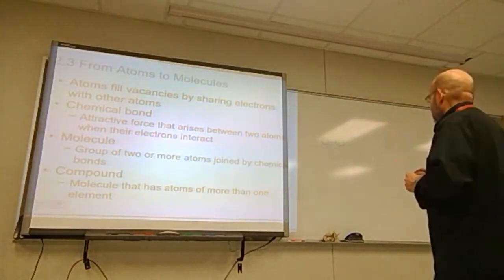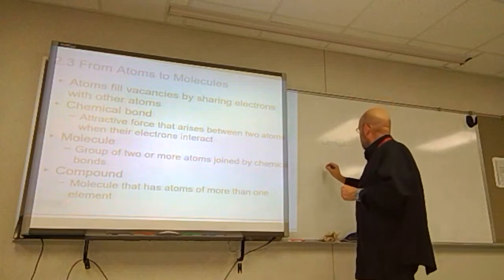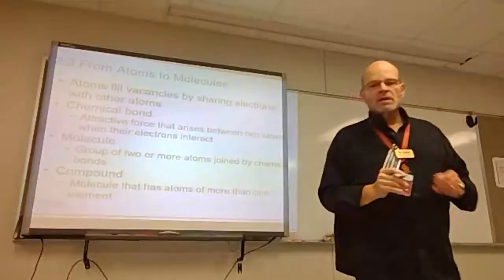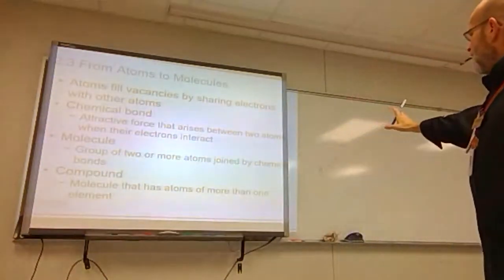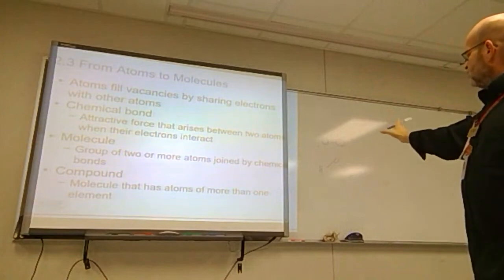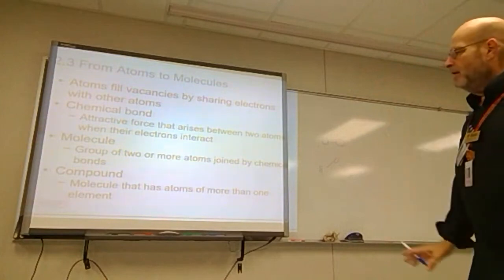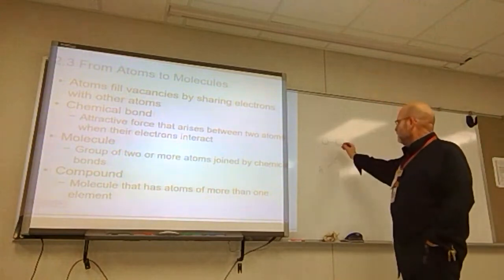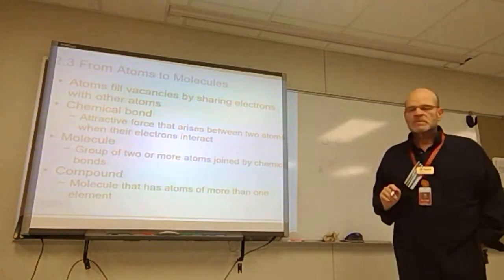A compound, on the other hand, is hydrogen, oxygen, hydrogen. So two oxygens combined together is a molecule. Two hydrogens and one oxygen combined together is a compound. So this is water, this is oxygen gas.